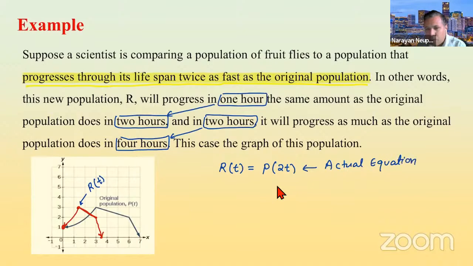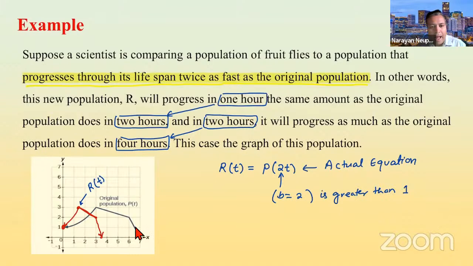Why? Because when we use the concept of faster and when we reduce those time values by half, this value must be 2. The reason is if we are multiplying by a number greater than 1, so this is your b, b is equal to 2, and this value is greater than 1. And you know that if we multiply by a number greater than 1, there will be compression.